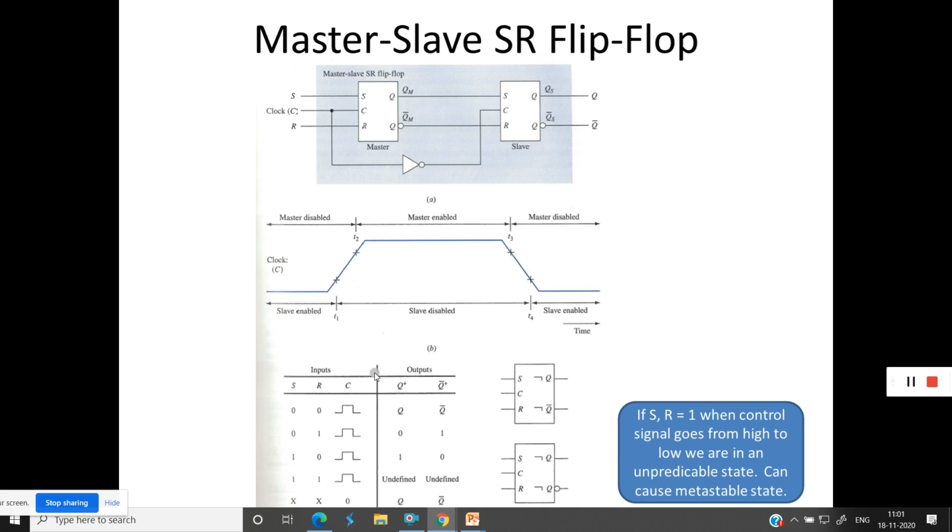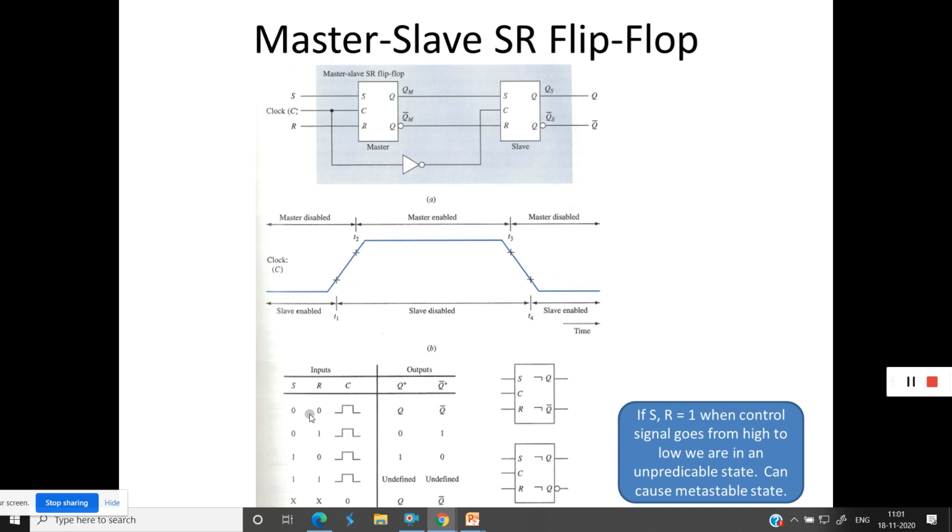Okay. Next, what is the function table of the master slave SR flip-flop? These are the inputs given: S, R, C. What is this? It's the clock pulse applied. Outputs Q plus and Q bar. Whenever S R is 00 and a clock pulse is applied, it retains the present or current state. Whenever S is 0, R is 1, and a clock pulse is applied, it will reset the master slave SR flip-flop.